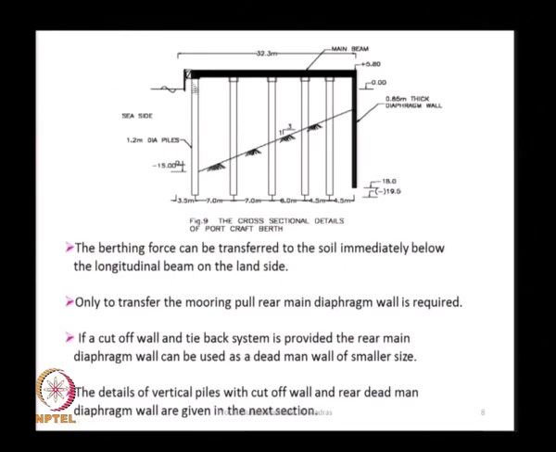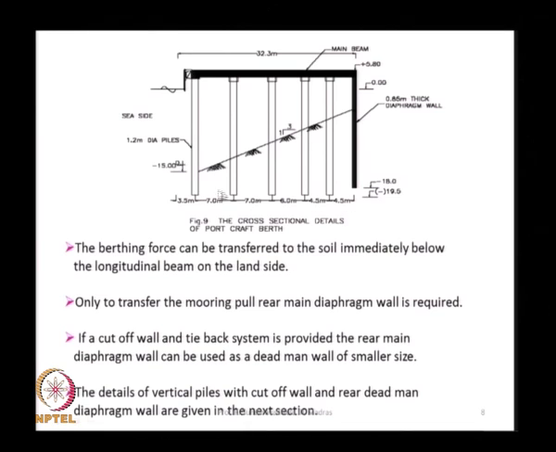This shows the cross section, the front piles, the rear piles and the main diaphragm wall which is put on the rear side, and plus 5.8 is the level here, this is the chart datum, and the embedment depths are given. Since the main diaphragm wall is provided on the rear side, the founding level can be lesser, it is minus 18 only, whereas here it is minus 19.5 for the piles.